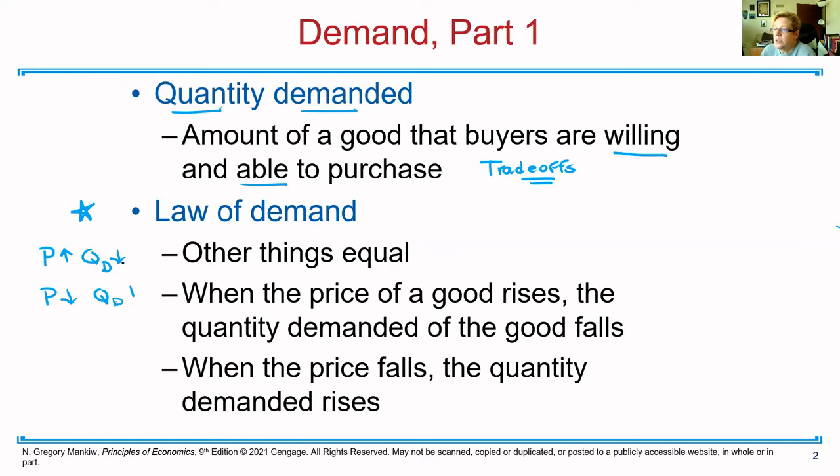Now, that's only part of the story. One of the things we have to say in order for the law of demand to be true is we have to draw some constraints around this. I can say as the price increases, the quantity demanded decreases, other things equal, all else held constant.